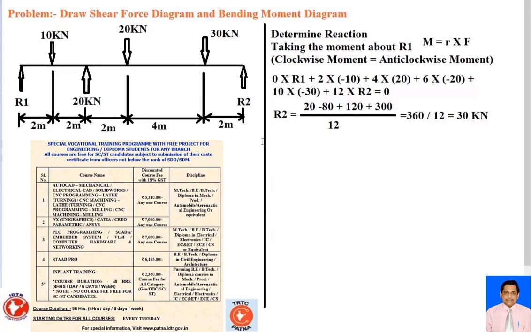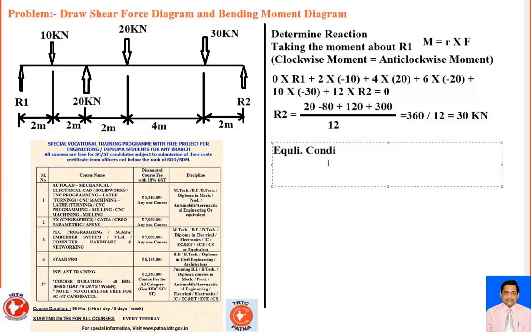And through the equilibrium condition, now come to the equilibrium condition. What is your R1? So R1 minus 10 kilonewton plus 20 kilonewton minus 20 kilonewton minus 30 kilonewton, and then again plus R2.